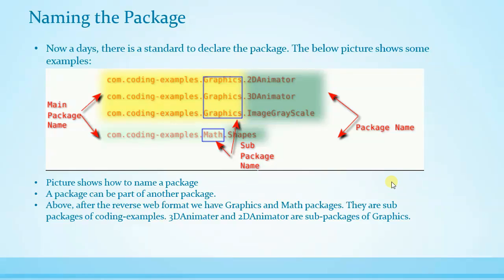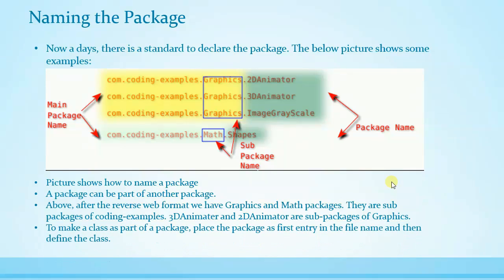Coding examples contains two packages: one is graphics, another one is math. 3D animator and 2D animator are sub packages of graphics. So you can see how it is organized. Coding examples has two packages, graphics and math. Graphics has three packages, 2D animator, 3D animator and image grayscale, and math has one package called shapes.